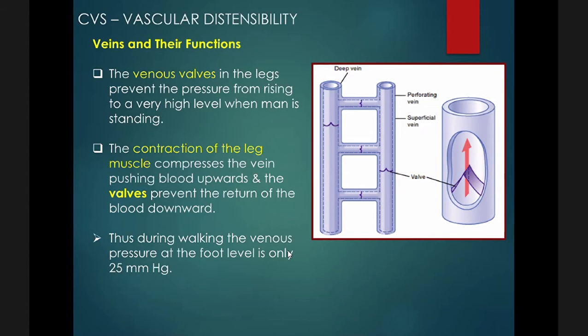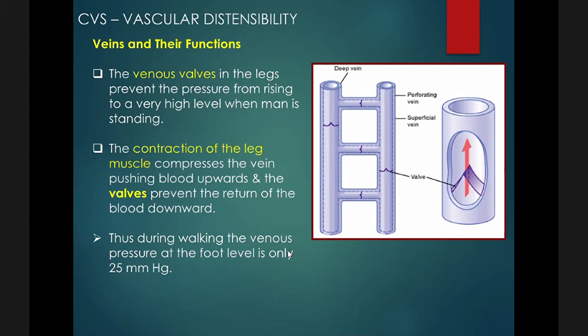the venous pressure of the foot will be only about 25 millimeters mercury kasi nga bumababa yung volume, kasi na-deliver back into the right atrium, and that's why the pressure also decreases up to 25 millimeters mercury. As compared, when you are standing for a prolonged period of time, you are not contracting your gastrocnemius, the pressure will rise up to 90 millimeters mercury, and that is not good.